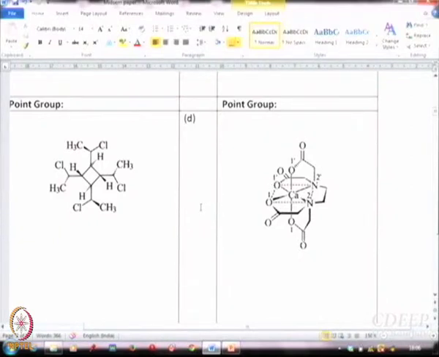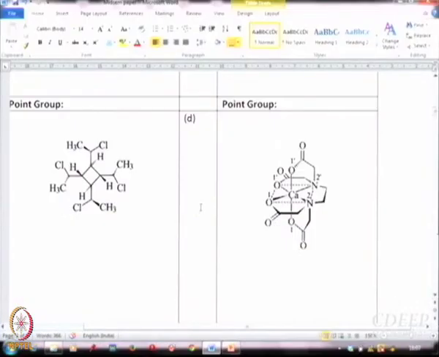Is there anything else? Any other symmetry operations, any other symmetry element? Sigma h is not there. What about sigma v? This ONNO plane containing calcium, the equatorial plane, is that a sigma plane?